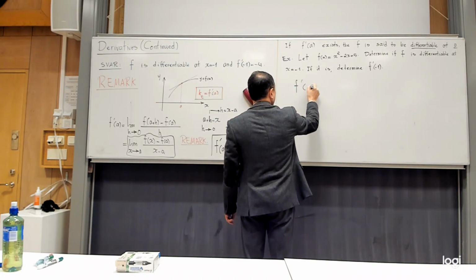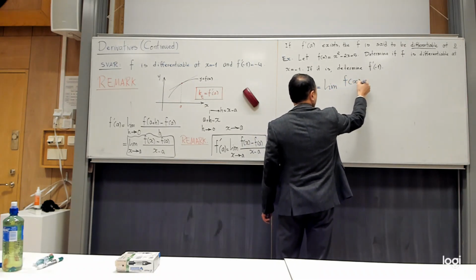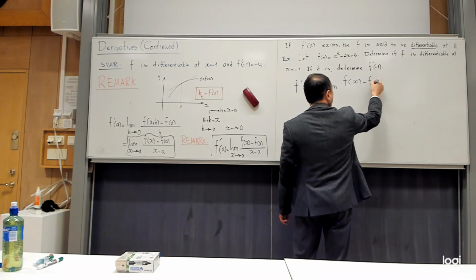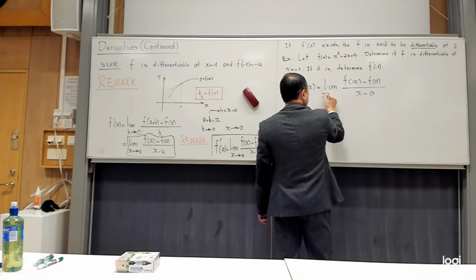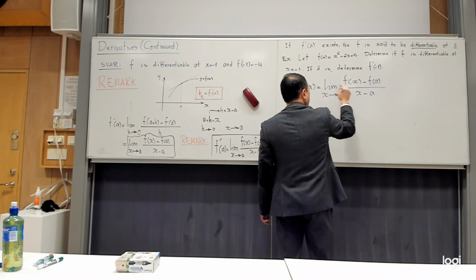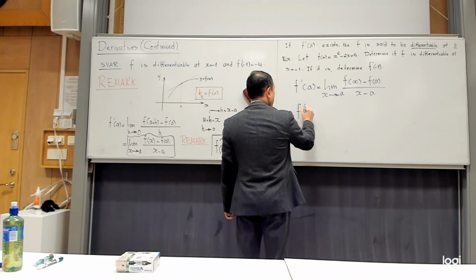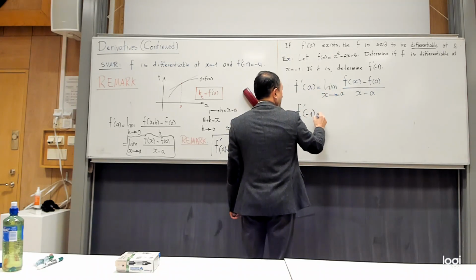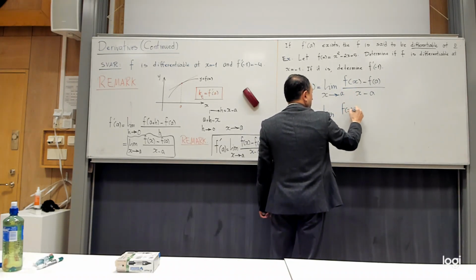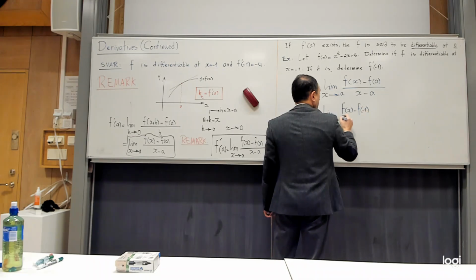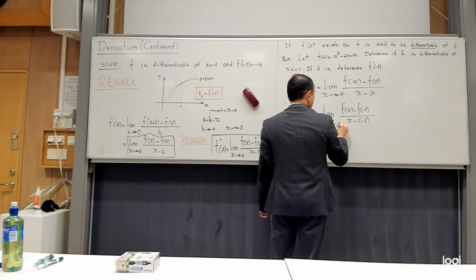So f prime a is equal to the limit of your function, whatever it is, minus f of a divided by x minus a. Be careful, x does not go to 0, it goes to a. And then I am supposed to calculate f prime at point minus 1. So this becomes the limit, your function, whatever it is, minus f of minus 1 divided by x minus minus 1, x goes to minus 1.